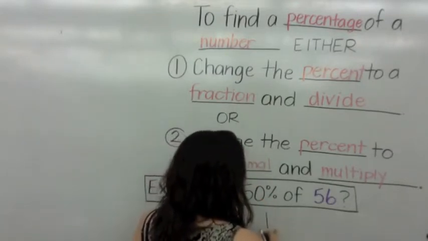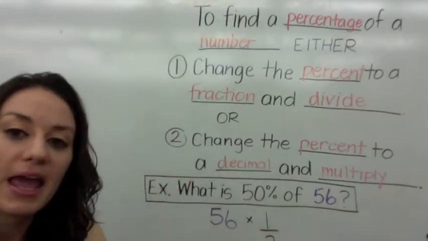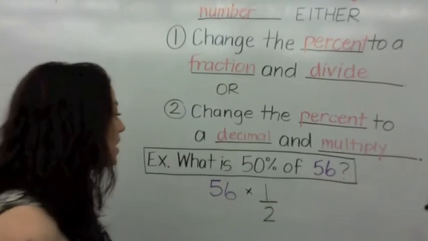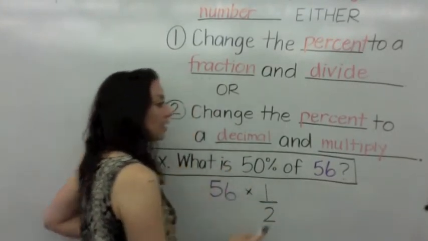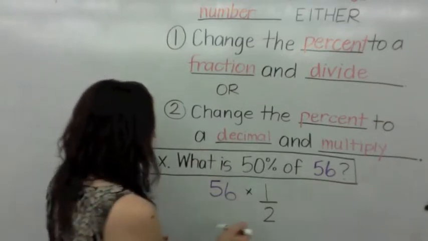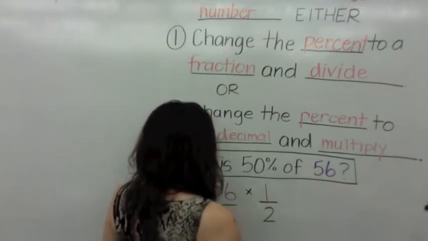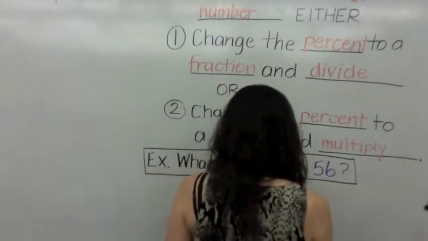If you multiply by 1/2, when you multiply by a fraction, this is really saying 56 times 1 divided by 2. Isn't that what that's saying? Look, if I put this over 1, it's saying 56 times 1 is 56.